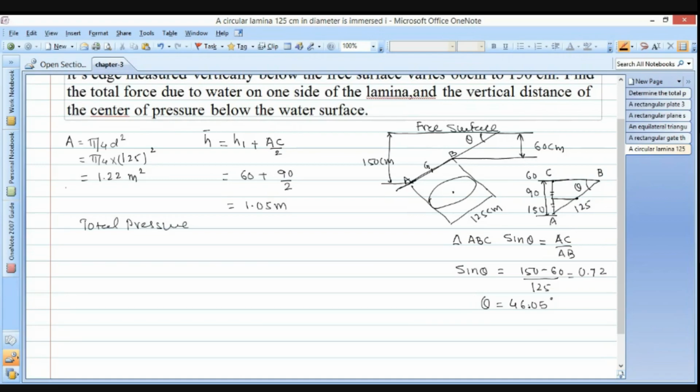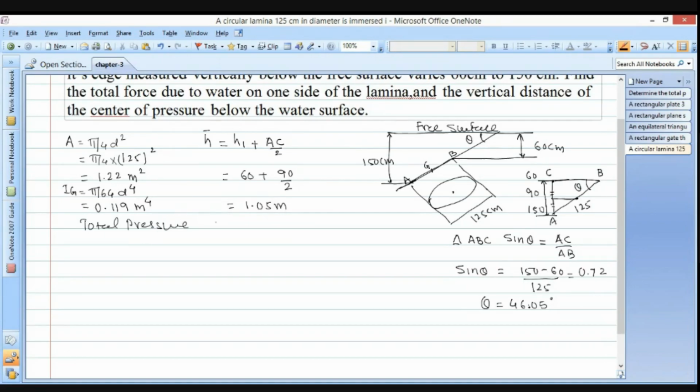We also calculate the value of Ig. Ig equals pi by 64 d to the power 4, so pi divided by 64 into 1.25 to the power 4. So we get the Ig value, that is 0.119 meter to the power 4.